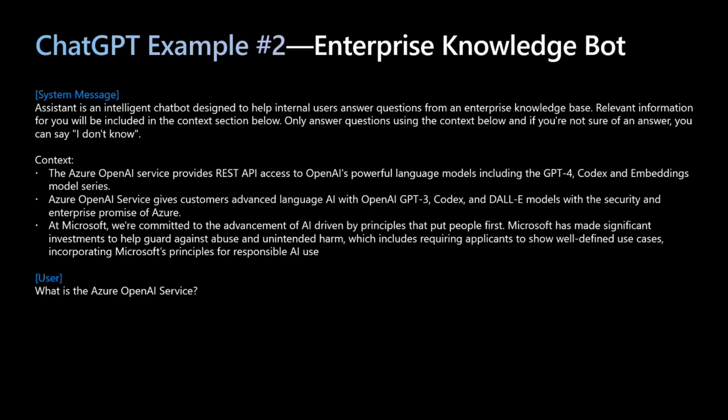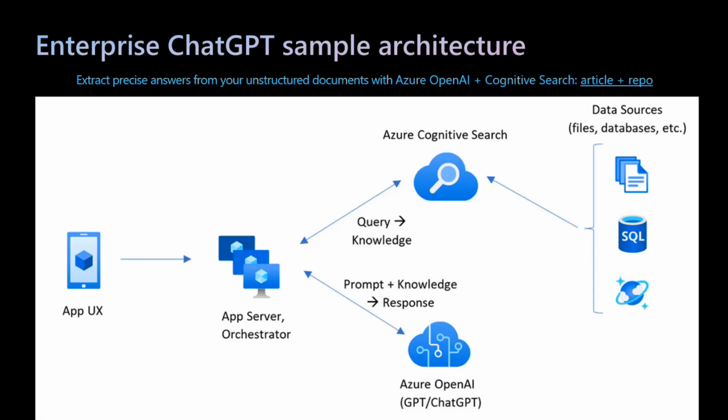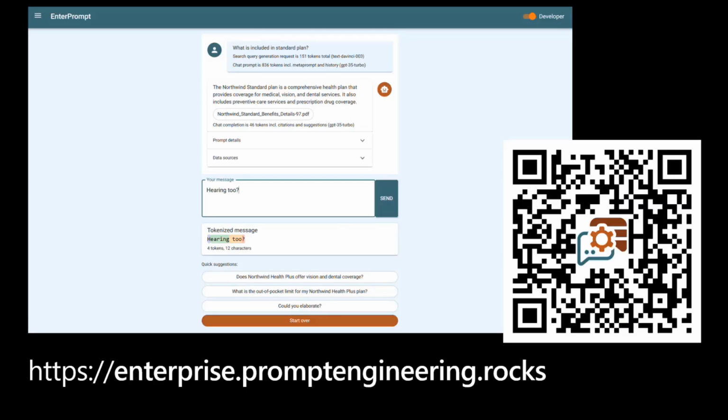We have a reference architecture, or sample architecture, for that kind of scenario. The link is available here, but I want to share this project with you folks, and the link is also available in the chat. Enterprise Prompt Engineering Rocks. Basically, it's absolutely the same idea as my colleagues from Microsoft created and what I demonstrated in the previous slide, but I made it a bit simpler. It's not as fully featured as the one from Microsoft, but I hope that I simplified onboarding a bit, so you can just go to this project.